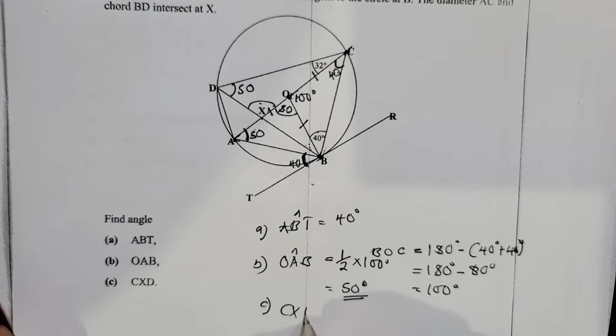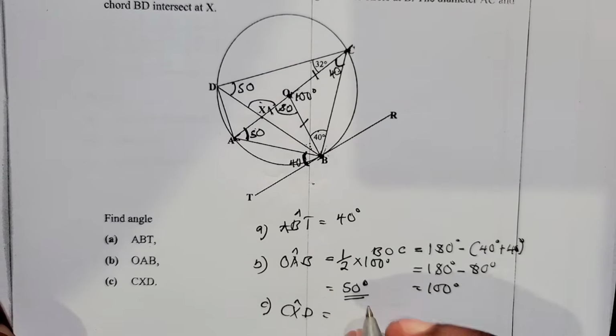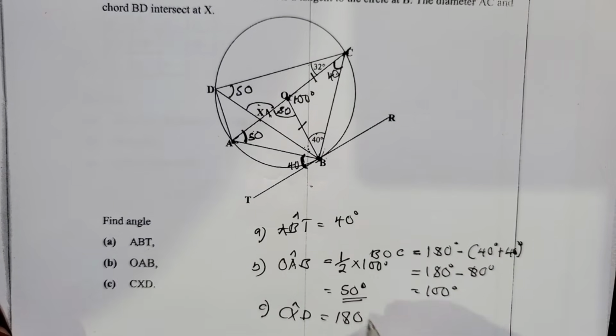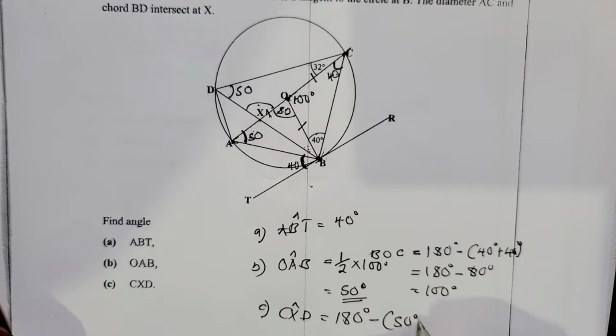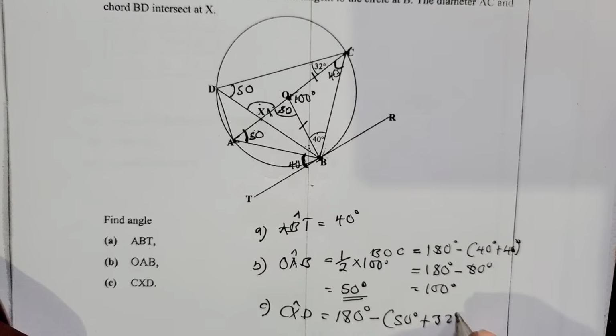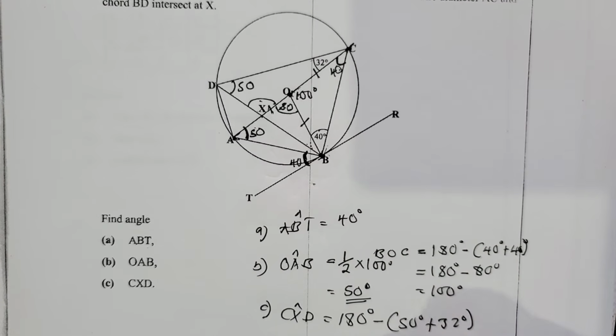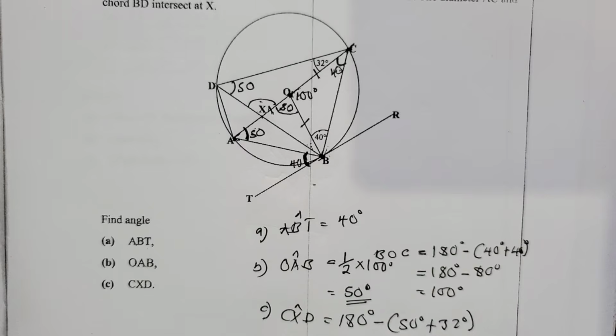So CXD is equal to 180 minus, in brackets, 50 degrees plus 32 degrees.